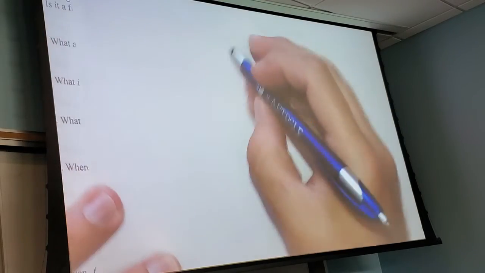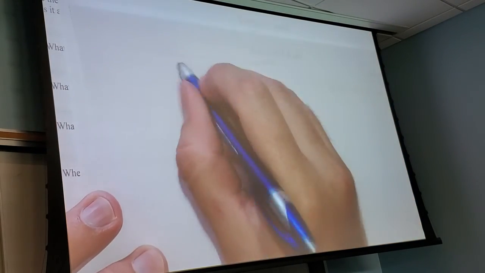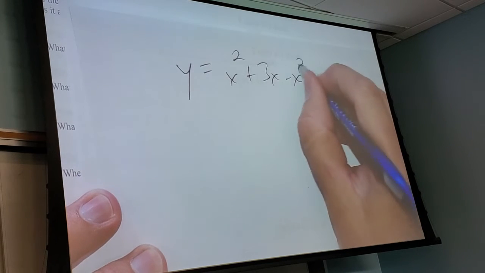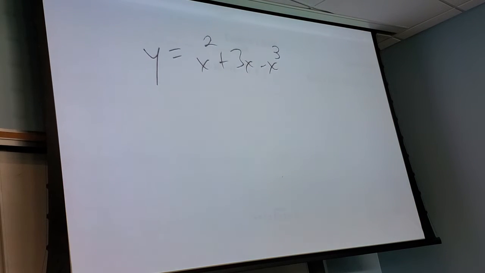So watch this. Is this a function of x? Isn't that y as a function of x? Like, a way to say that is y is determined by doing things to x? Yes. And in fact, if I put a number in, how many outputs do I get?